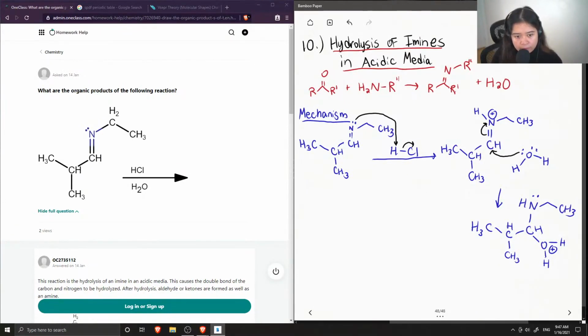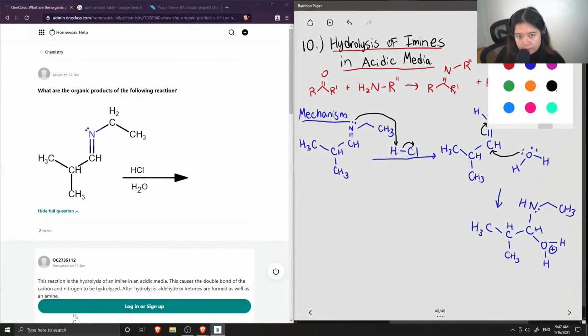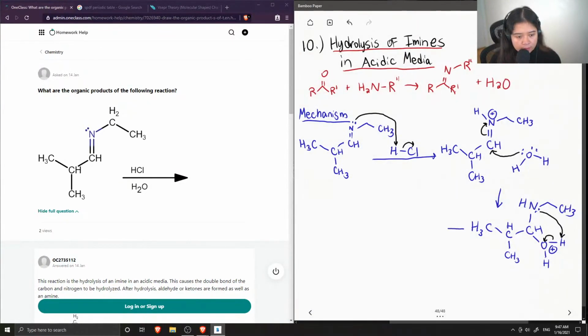Let me draw the lone pair here. But now we have this water molecule that is positively charged. So what happens is that the lone pair from this nitrogen comes down and abstracts a proton, and it forms an alcohol group on our intermediate now.